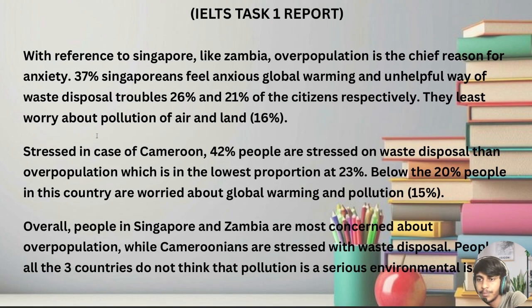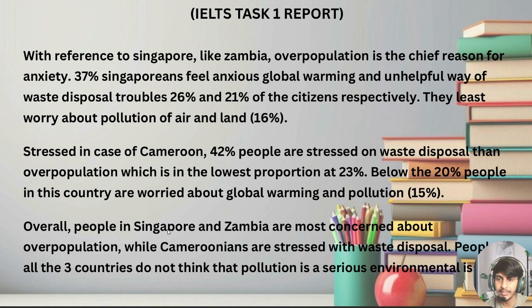The overall people in Singapore and Zambia are most concerned about overall population, while Cameroonians are stressed with waste disposal. People in all three countries do not think that pollution is a serious environmental issue. Now, for the overall, start by summarizing the main trend, not unnecessary data.